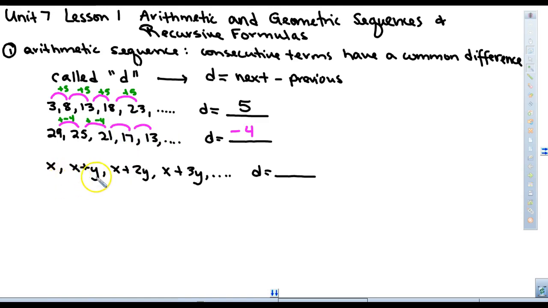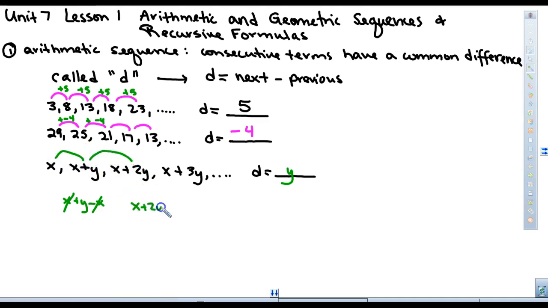Okay. Here, you're going to say x plus y, subtract x. That gives you a common difference of y. And you just want to make sure you would get that each time. So here, we just subtracted those. Now I'm going to subtract these.